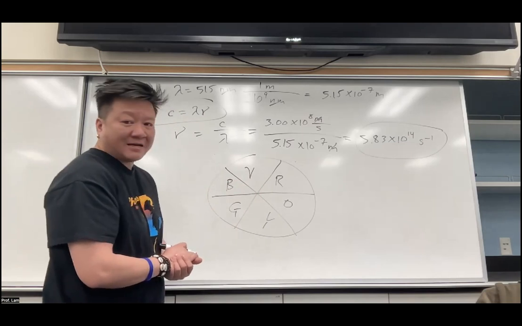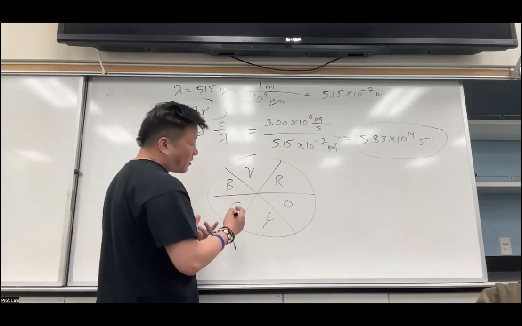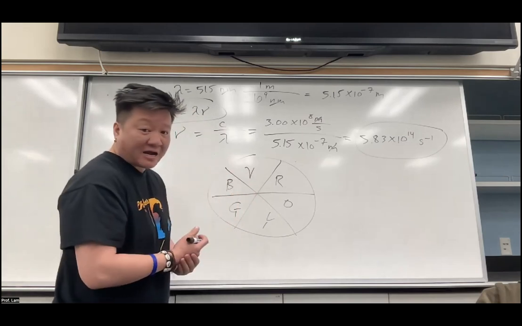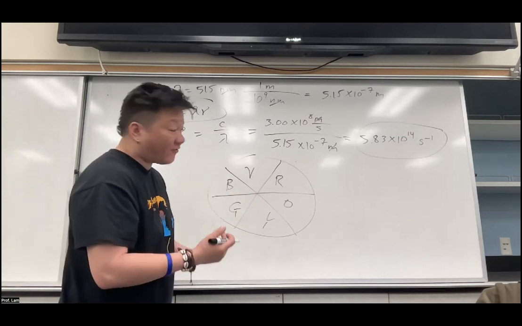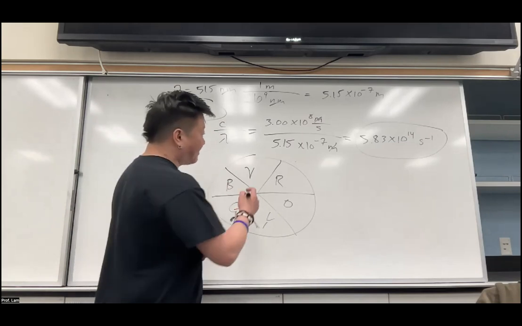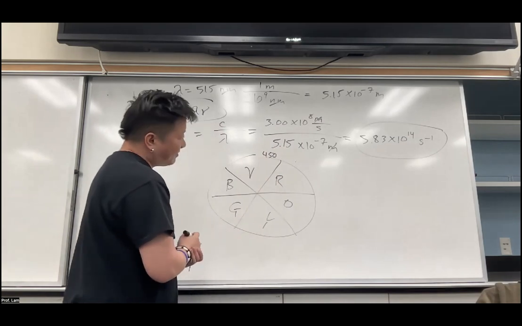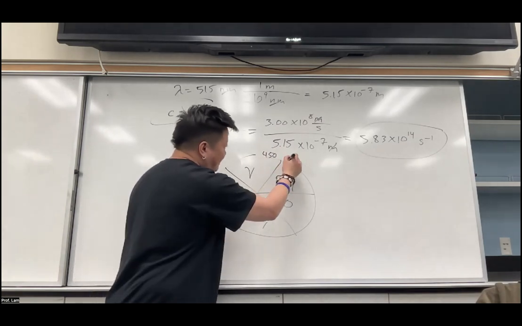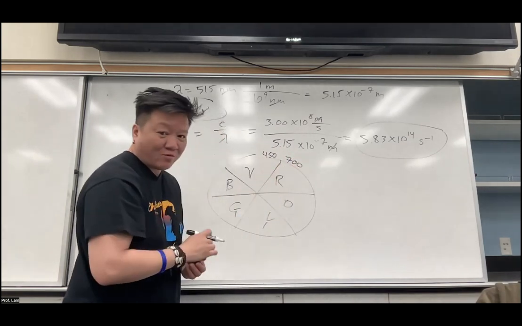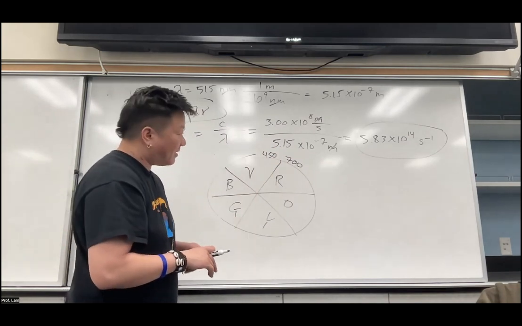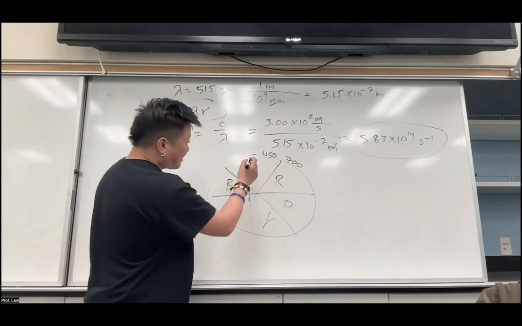Now let's add wavelength to it. Remember, violet light had the highest frequency and therefore the shortest wavelength. So that's going to be 450 to 700, which is red. Red has the longest wavelength, so 700.